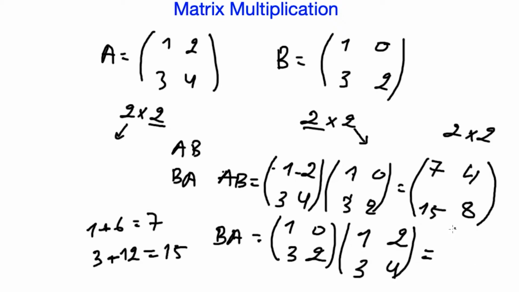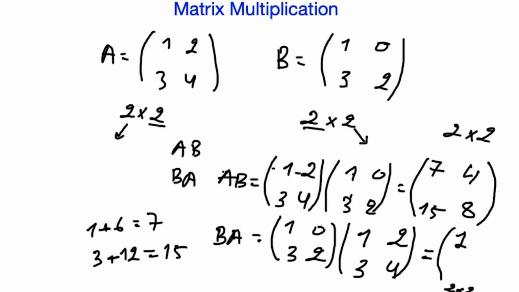To get this entry, we multiply this row with this column: 1 times 1 is 1, plus 0 times 3 is 0, so 1. It is clear that the matrices are not the same. They have the same size, 2 by 2, but as this entry is not equal to this entry, these two matrices are not equal.